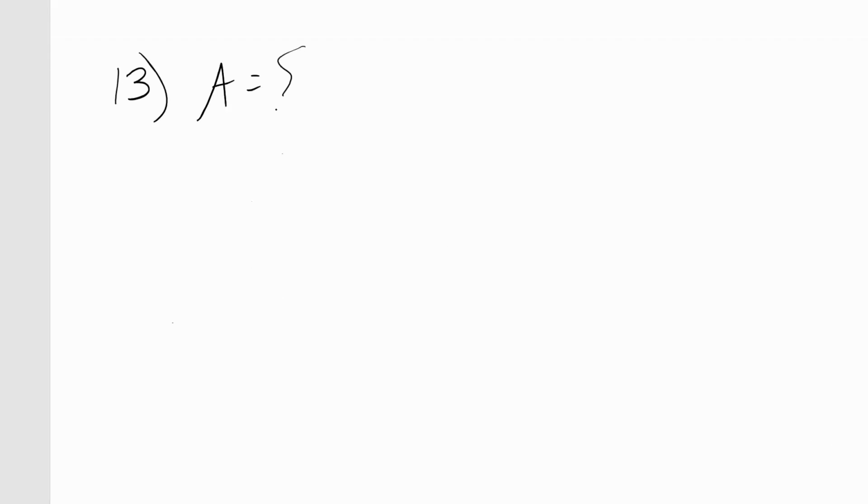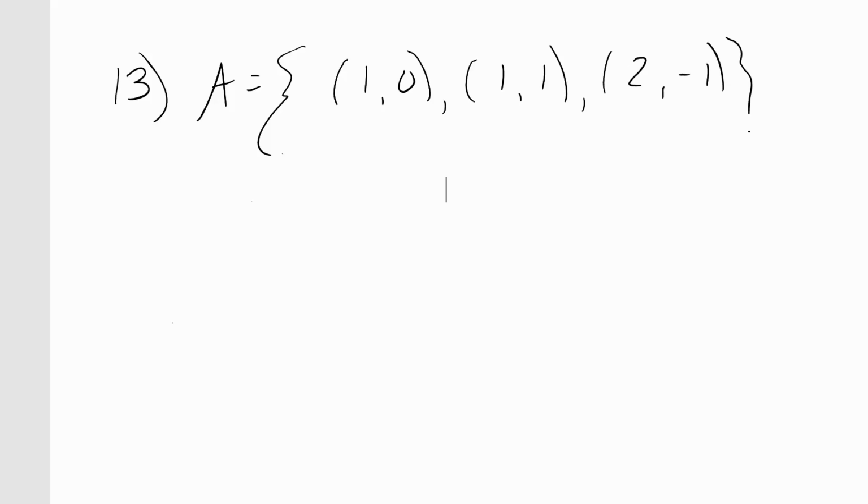All right, let's move on to 13. 13 says, is A, which is the set containing (1, 0, 1), (1, 2, -1)... linearly dependent or linearly independent? Let's do what we did a minute ago.